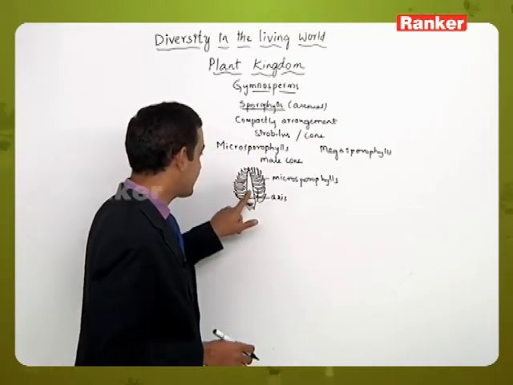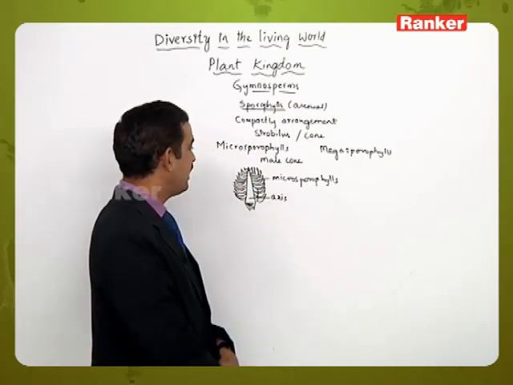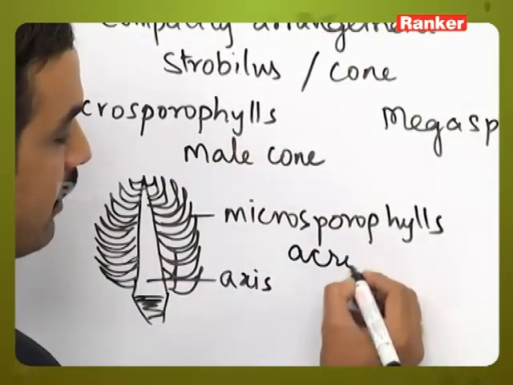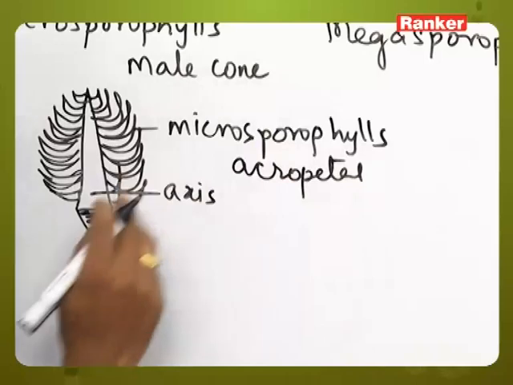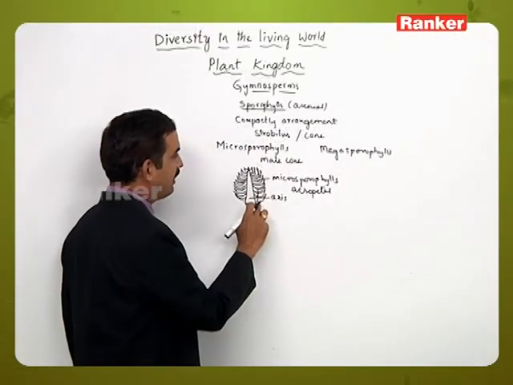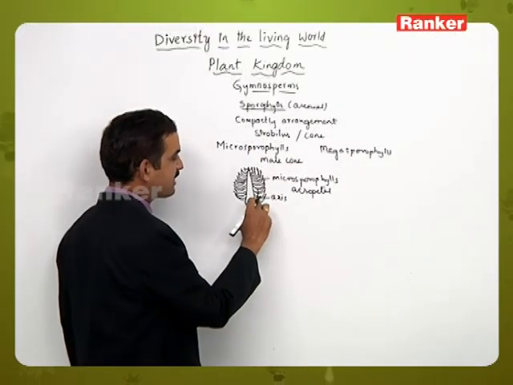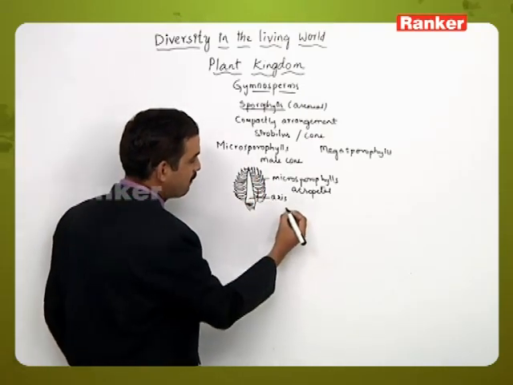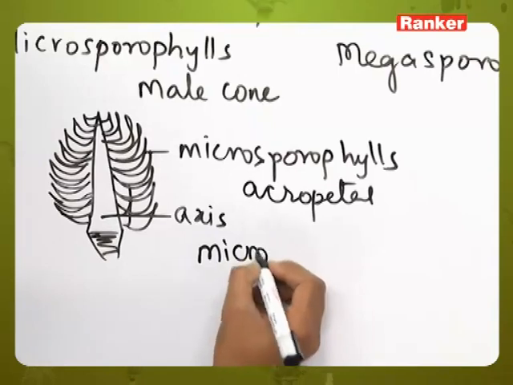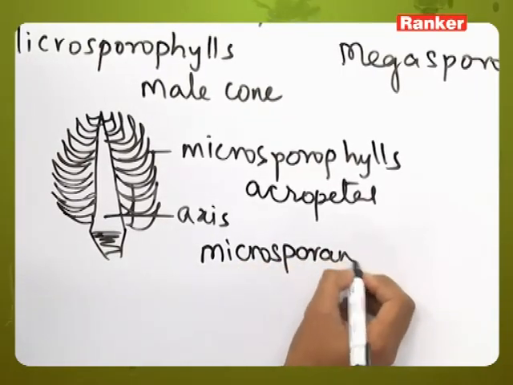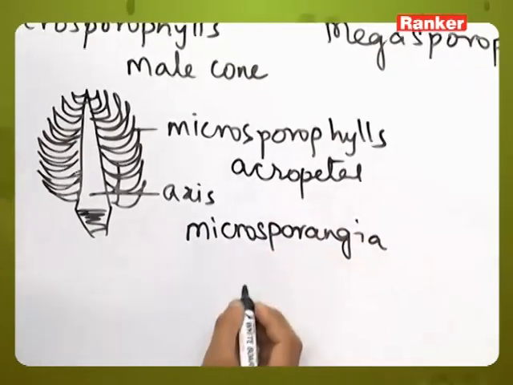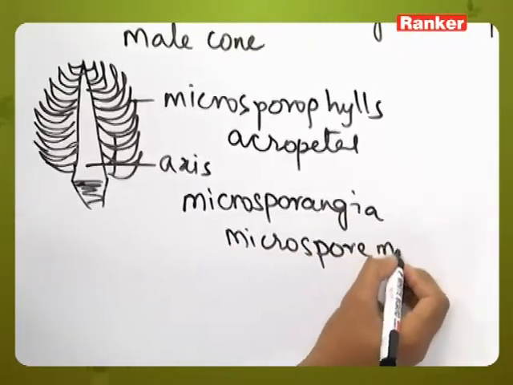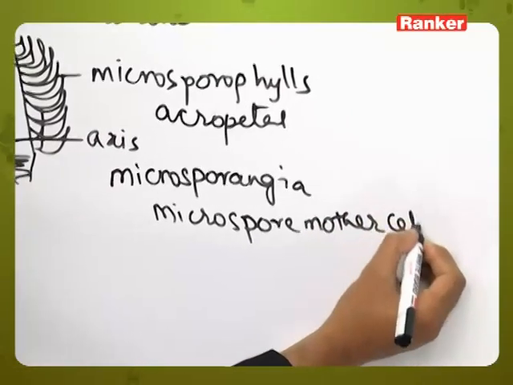If you take the vertical section of the male cone, the central axis is there, and on the central axis the microsporophylls are arranged in the acropetal manner. That is, the older microsporophylls are at the basal side of the axis, and the younger ones are at the apex. These microsporophylls bear the microsporangia, and inside the microsporangia the microspore mother cells are formed.